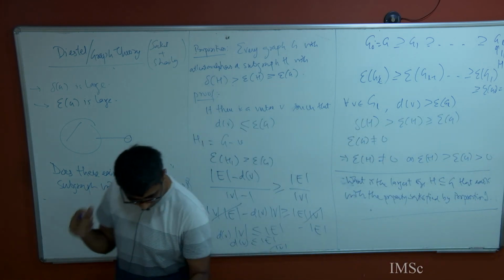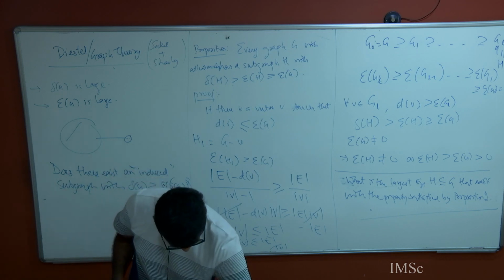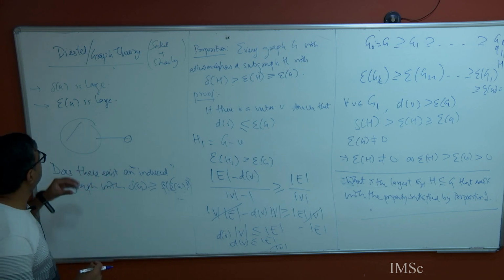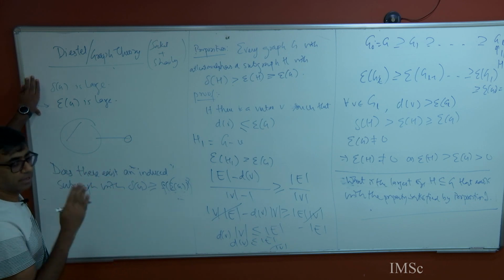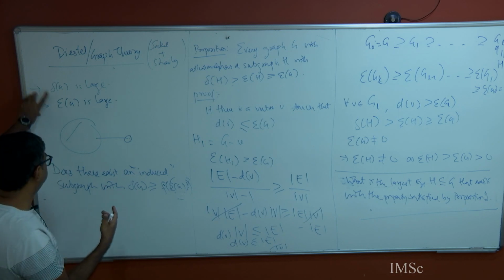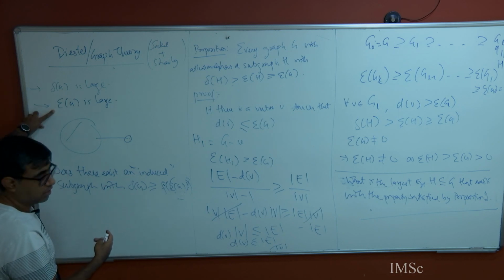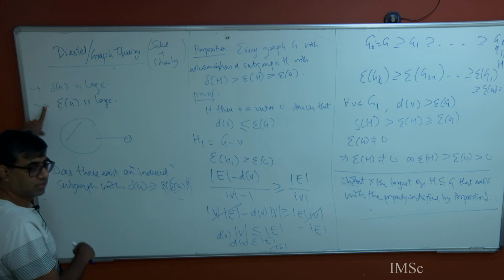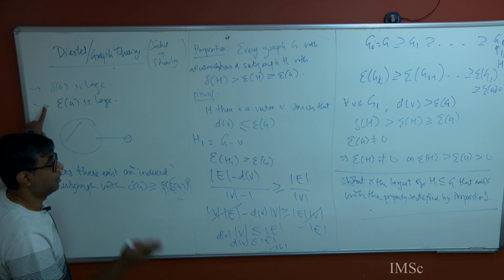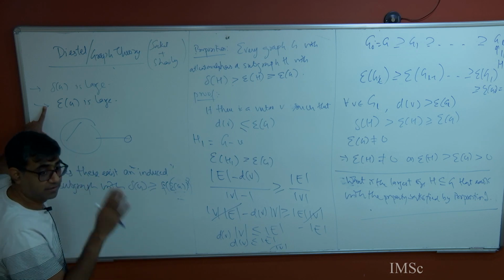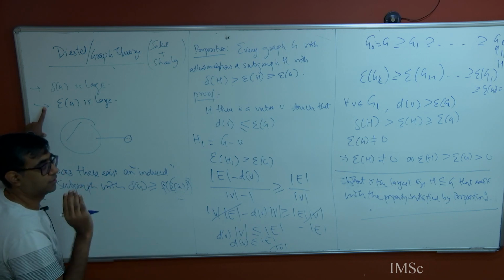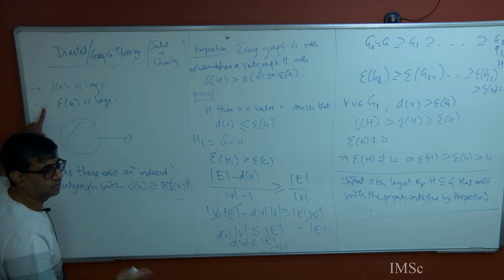Okay, so that is what I wanted to tell you. This is the first kind of question: if a graph has a large minimum degree, then definitely epsilon of G is large. But in fact, if epsilon of G is large, we cannot guarantee that the graph itself will have a large minimum degree, but we are guaranteed that there exists an induced subgraph H whose minimum degree is at least this.